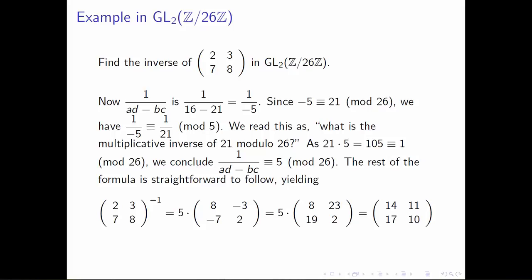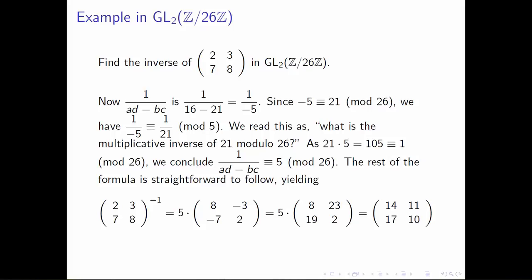A really good way to think about negative numbers modulo something is to go up to 26 and start counting backwards. So when I see negative 5 and I try to figure out what it's equal to modulo 26, I go to 26 and count down by 5 numbers: 25, 24, 23, 22, 21. I've counted down by 5 from 26.